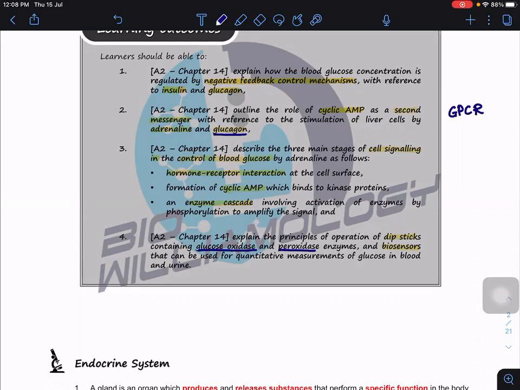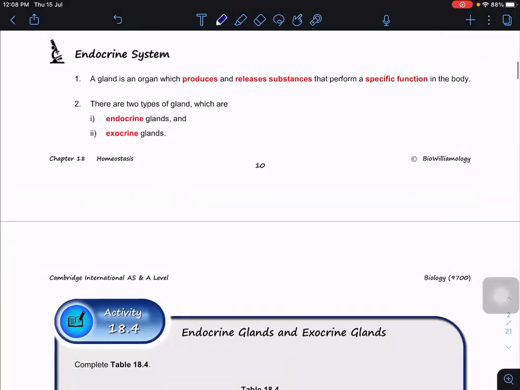Okay, so we're going to start with the first one, the endocrine system, a quick one. When we use the word gland, a gland is an organ. What do they do? They produce and release substances to perform specific functions in the body.